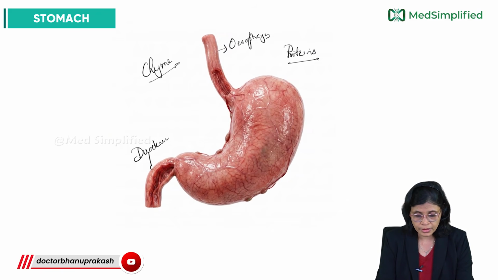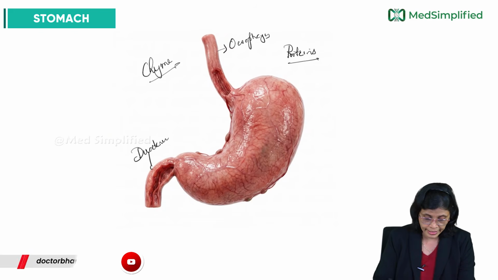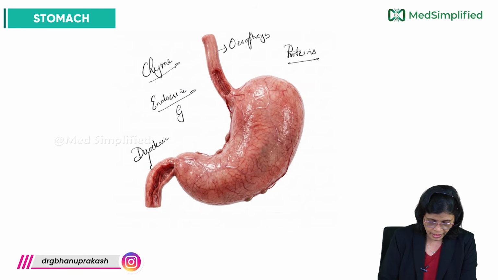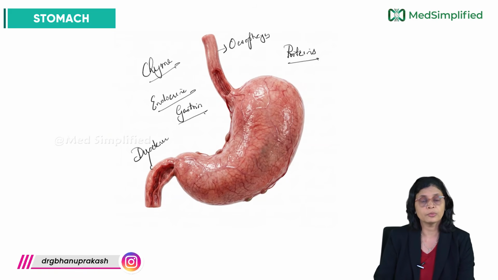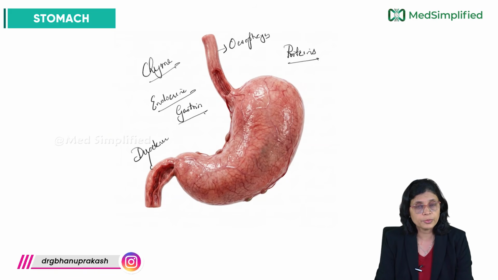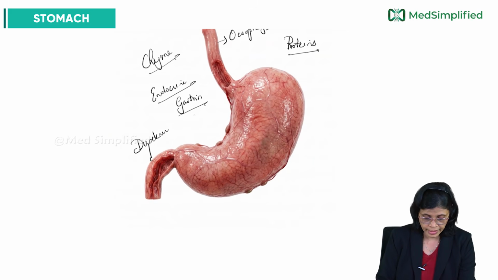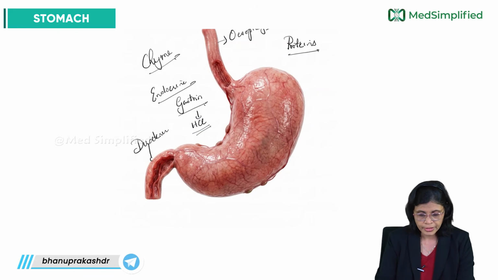The stomach also acts like an endocrine organ where it produces the hormone gastrin, which is produced by the antral cells, and this gastrin regulates the secretion of hydrochloric acid, which is very essential for digestion, along with pepsin.